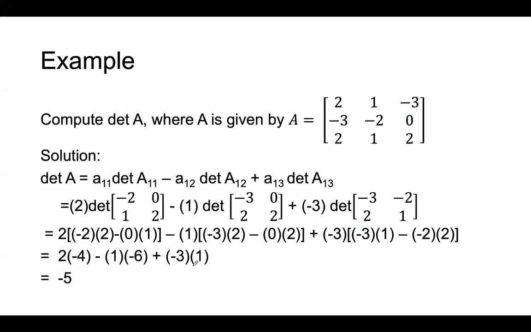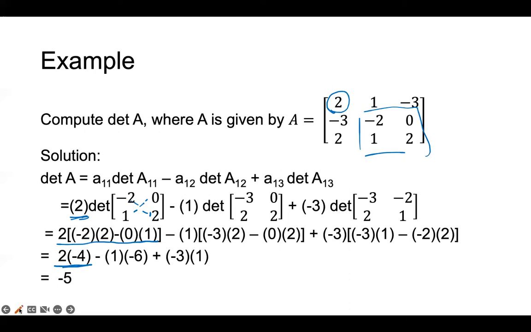So to compute this determinant, we would take out the 2 and compute the submatrix. So we take out the 2, and then we have the determinant of -2, 0, 1, 2. Then we cross multiply: -2 times 2, subtract 0 times 1, and we have -4 times 2.